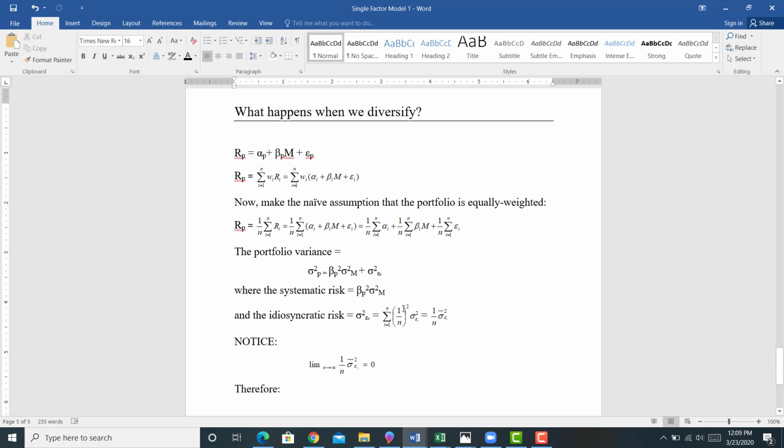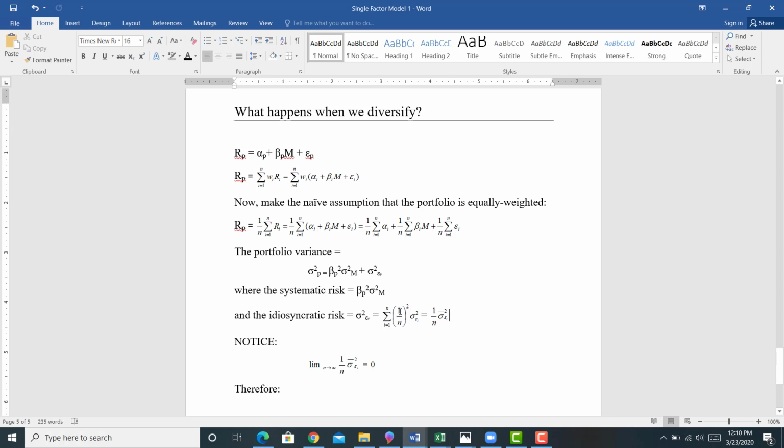If we assume naively that the portfolio is equally weighted, look at what we do here. We have the weight. And so sigma squared, the variance of this error term, becomes, I'm just going to square the weight here, times the variance of each individual epsilon.